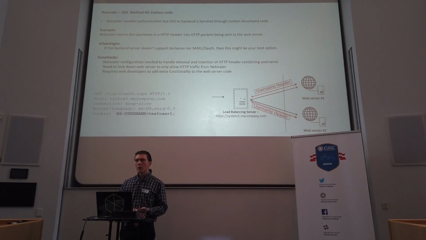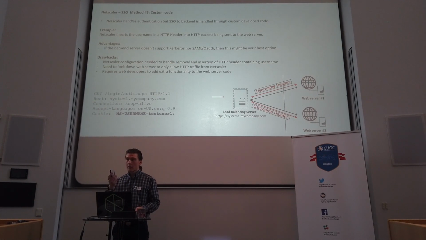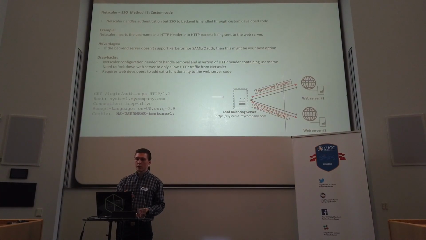Basically, the backend server will rely 100% on the Netscaler providing an accurate value. So in this case, I insert a smart card, I present it to the Netscaler, which extracts the username from the certificate, creates a cookie using rewrite rules, and inserts my username to the backend, and then the backend will give me a session cookie based on this.